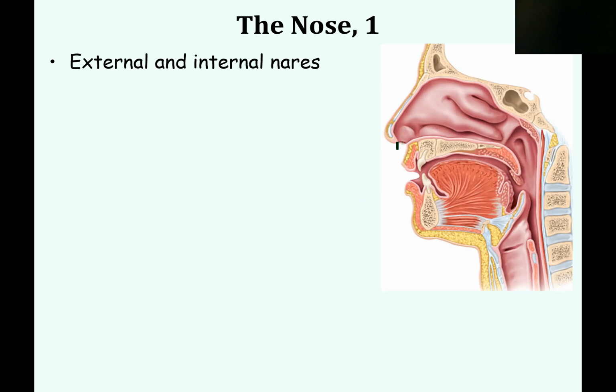Okay, external nares are these openings, the two that you see on your face. They're a passageway for air. The internal nares are an opening at the deepest part of the nose. You use the pharyngeal tonsils as a marker.